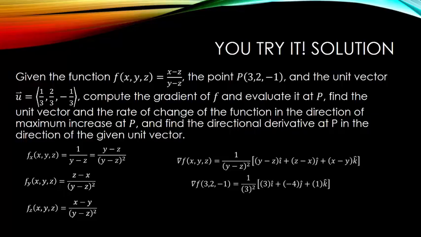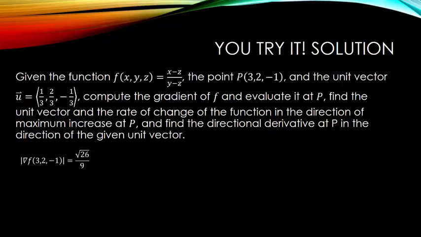The gradient of f evaluated at the coordinates (3, 2, -1) gives me 1 over 3 squared times the vector components 3 in the i-hat direction minus 4 in the j-hat direction plus 1 in the k-hat direction. This gives me a vector with components 1/3, -4/9, and 1/9. This is my gradient of my function evaluated at (3, 2, -1).